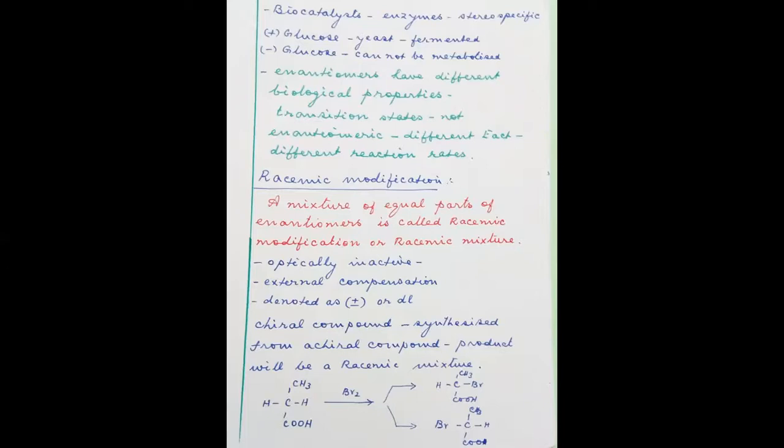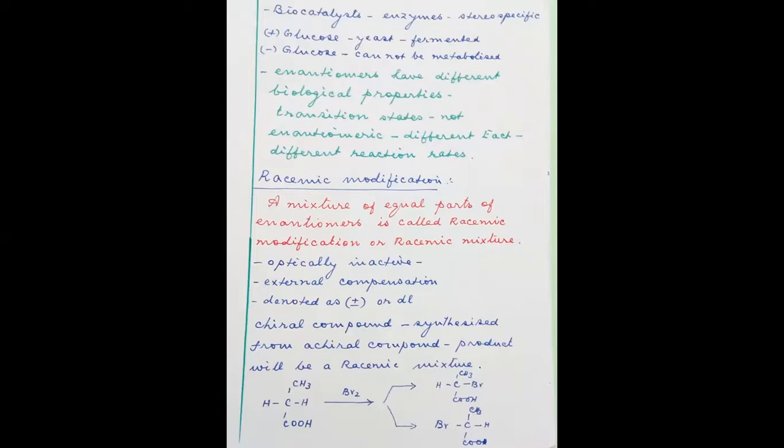Because of these two conditions, one turning will cancel out the other. So the resultant light will not show any change in the plane of polarization, as if it has passed through an optically inactive compound. That is why the racemic mixture is optically inactive, and this is called external compensation.